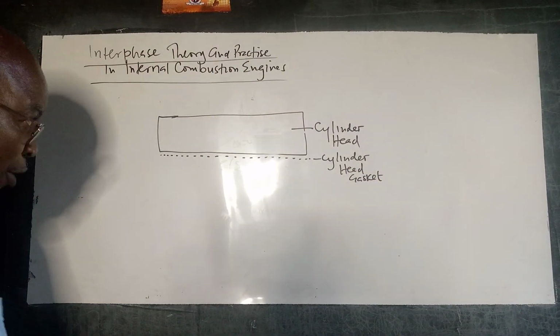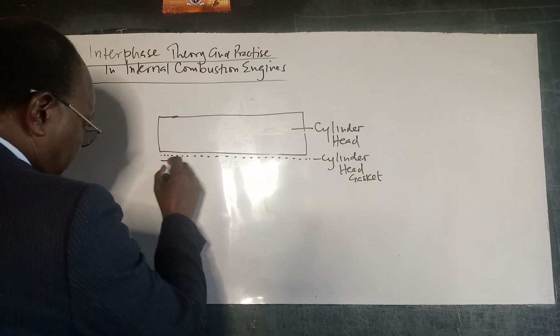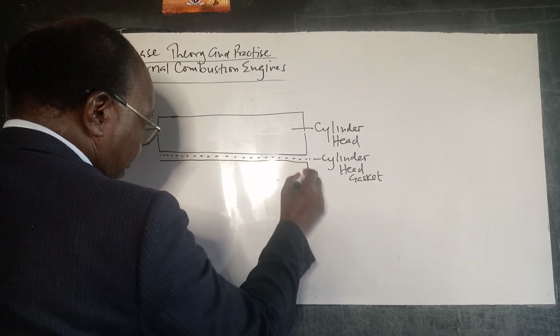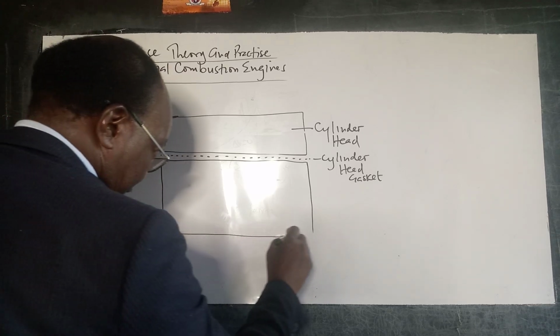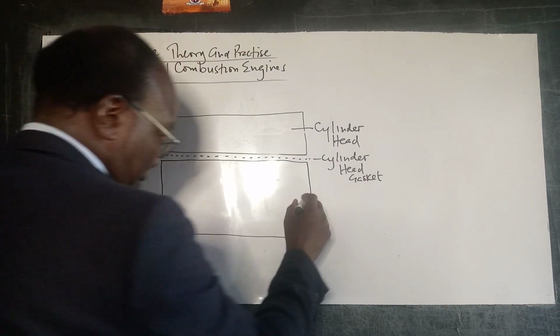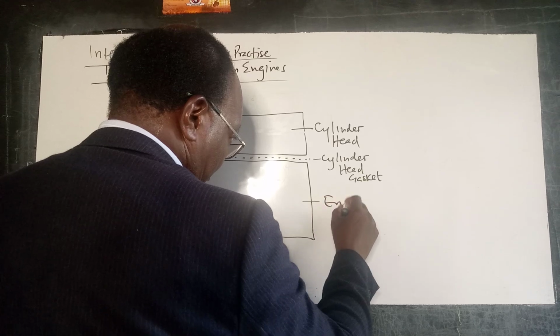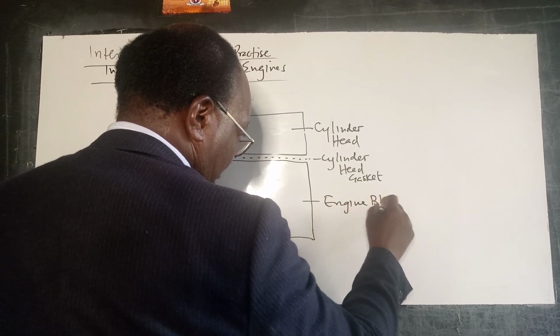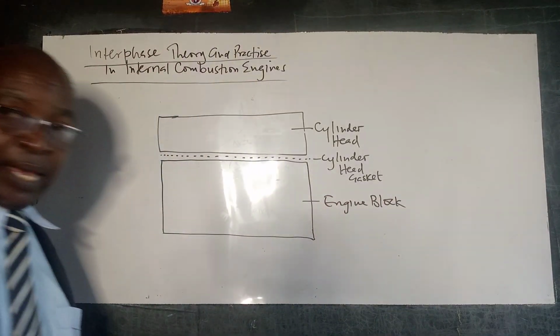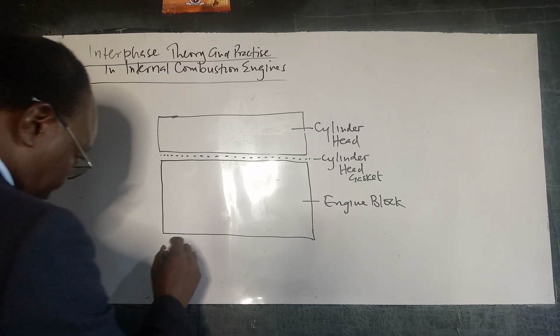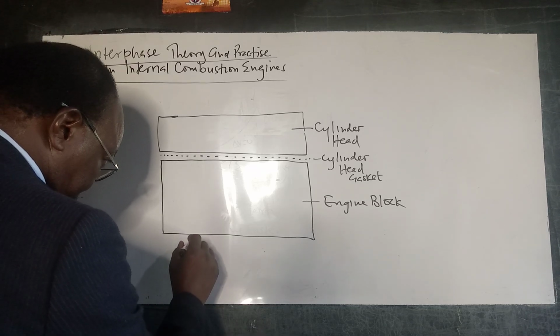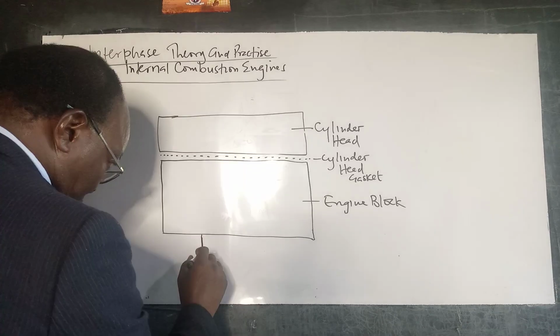And then in our block, we have what we call our engine block. And down here, we have what we call the sump. Let's just draw it as a small box.